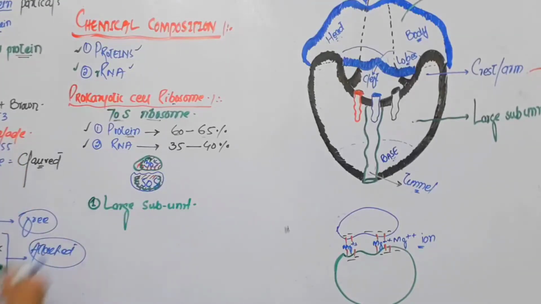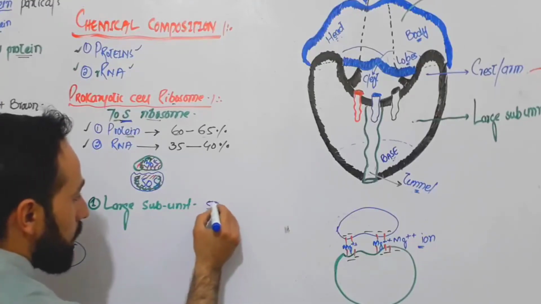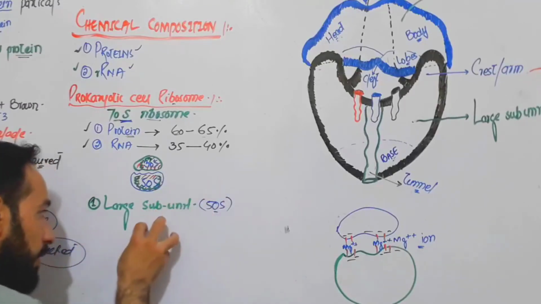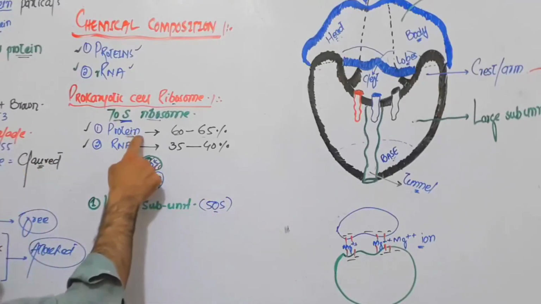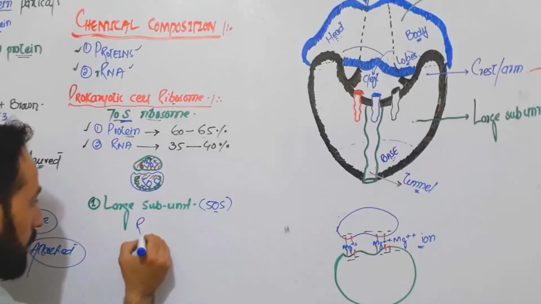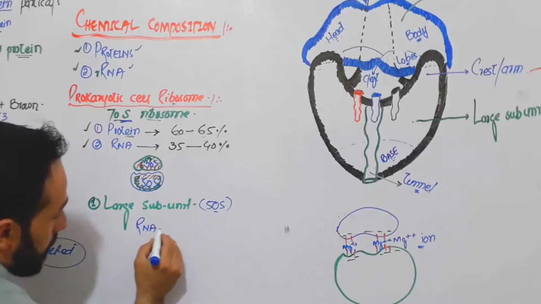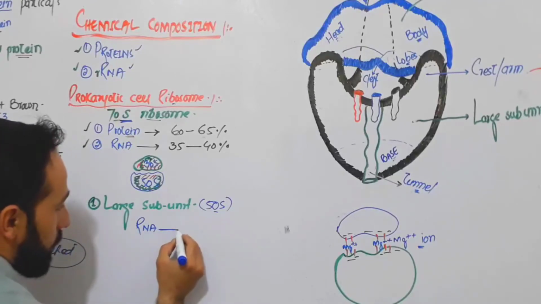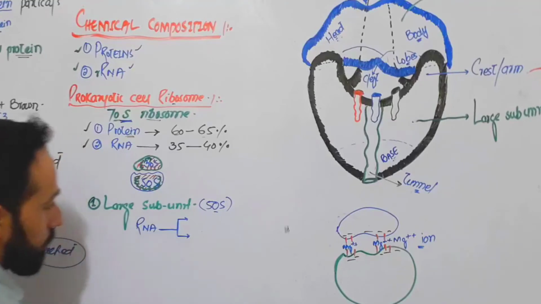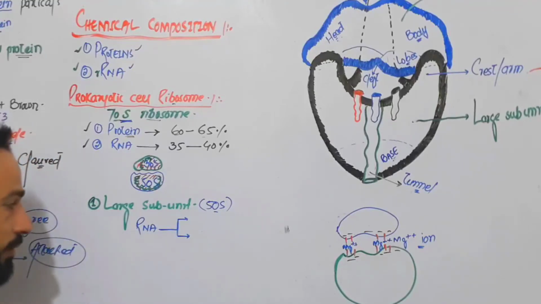Okay, in a 70S ribosome, the large subunit is 50S, we know that, and this 50S must contain proteins and RNA, right? There are two types of RNA present in this 50S large subunit of ribosome. Then how many types of RNA?